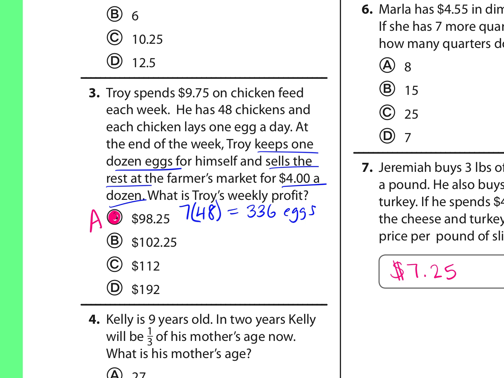Okay, well, 336 eggs, if we take 336 and divide by 12, because there's 12 in a dozen, we get 28 dozen eggs. But he's going to keep 1, so he sells 27, and that is at $4 a dozen.